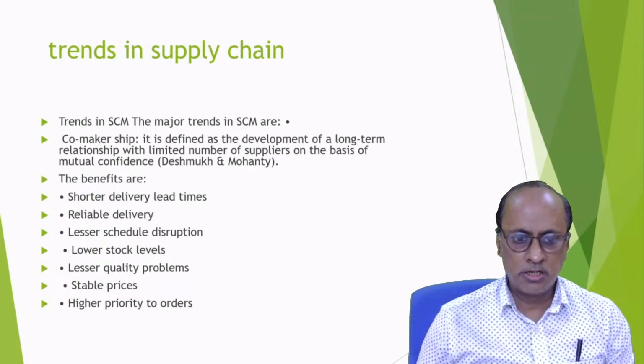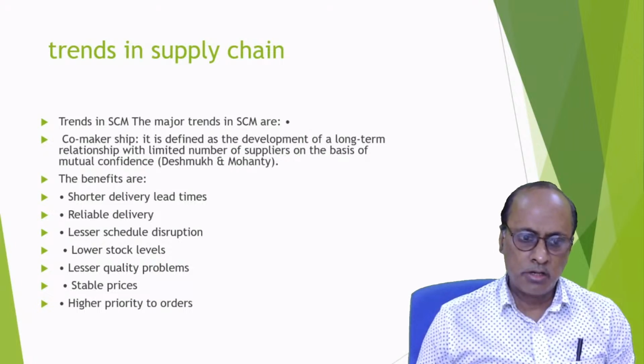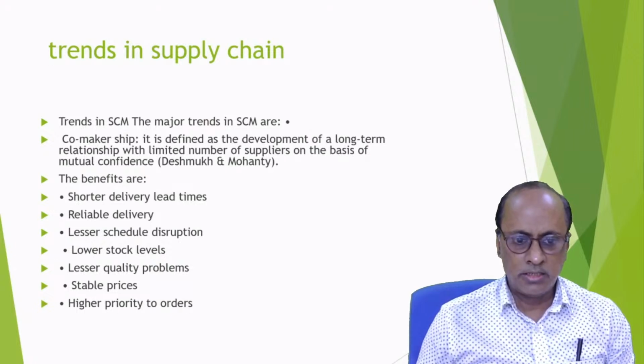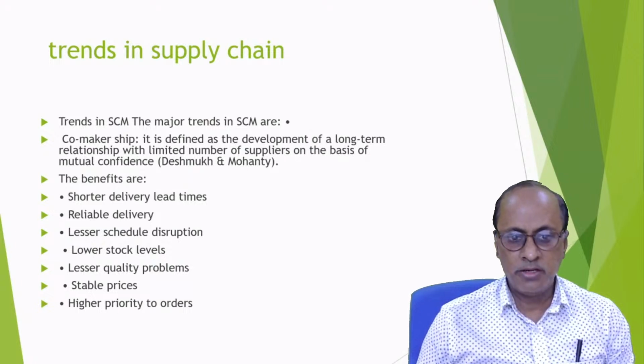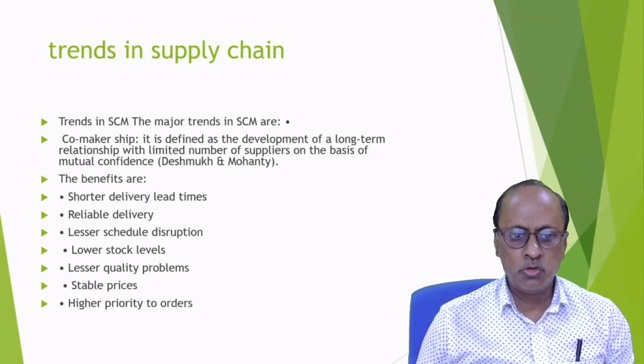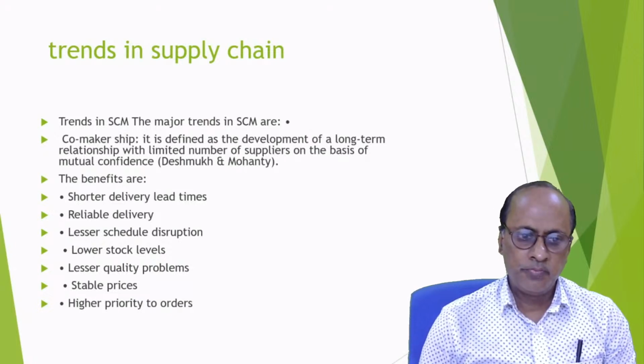Lesser schedule disruption: that means production schedule will be less disrupted. Lower stock levels, then lesser quality problems, stable price, and high priority to orders. So these are the benefits we find if you have mutual understanding.